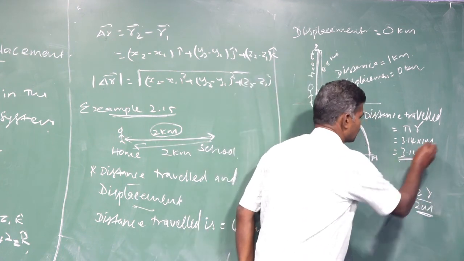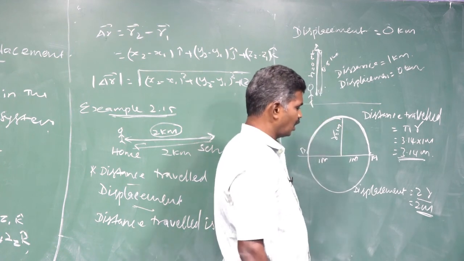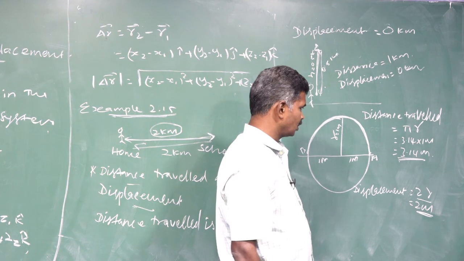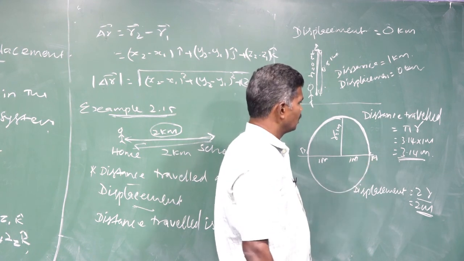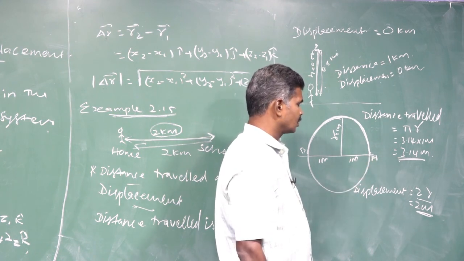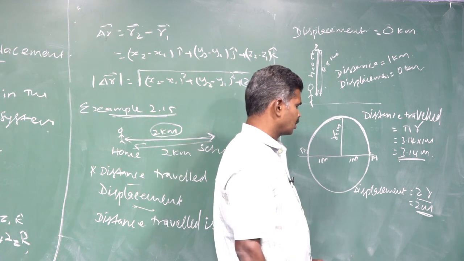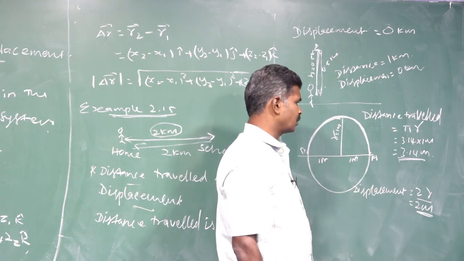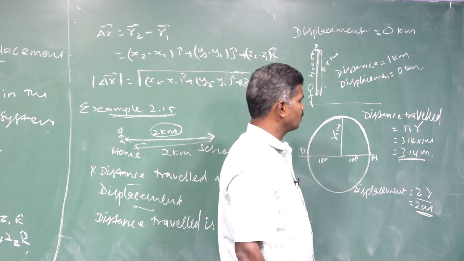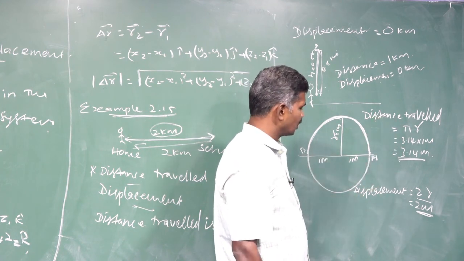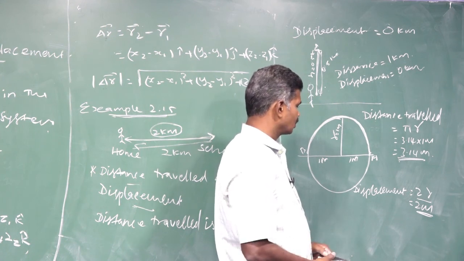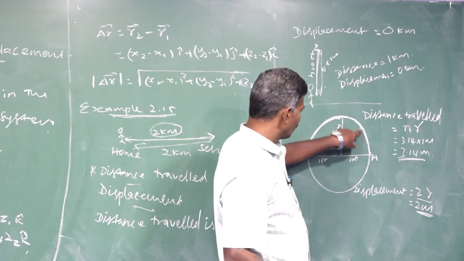Already, this type of question has been asked in NEET exams: displacement as well as distance traveled. So here is the minimum value for the displacement, but some other value, 3.14 meter, may take place for distance. Suppose we complete one circular path.